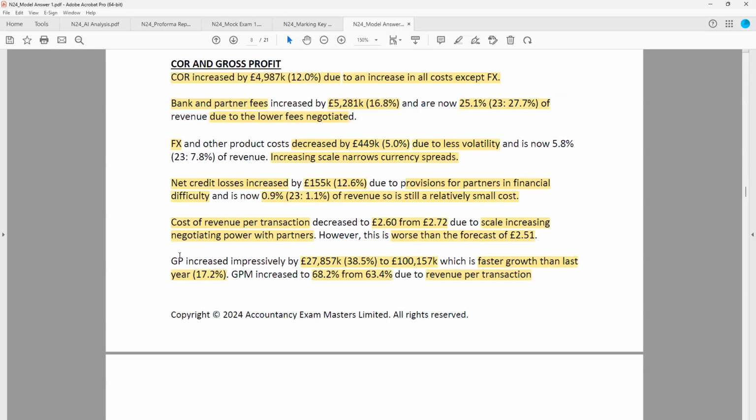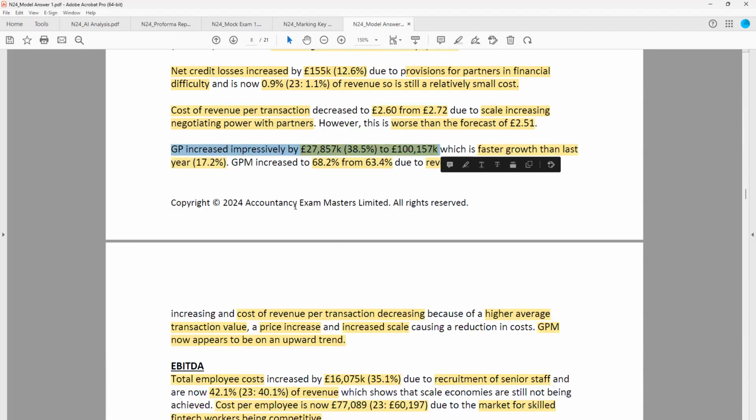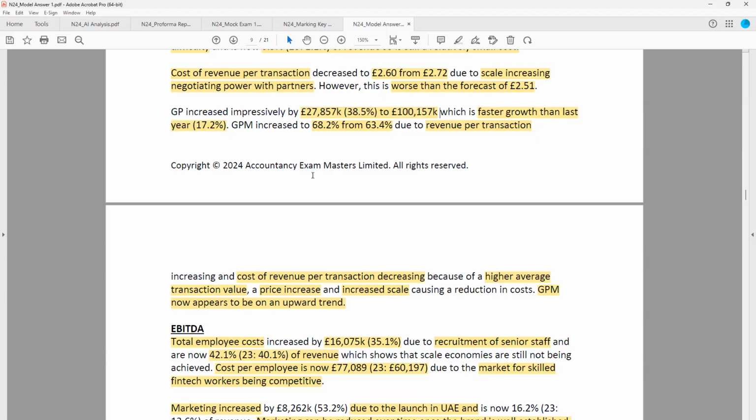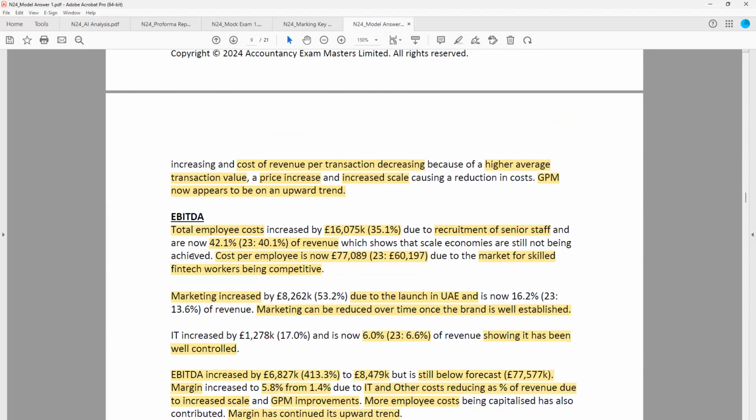Probably a better example would be gross profit. We just said it's gone up by this to this. But we did some really useful analysis here where we said, well, the reason it's going up is because revenue per transaction is increasing faster than cost of revenue per transaction, higher average transaction value, the increased scale, etc. So we haven't got that in the conclusions.